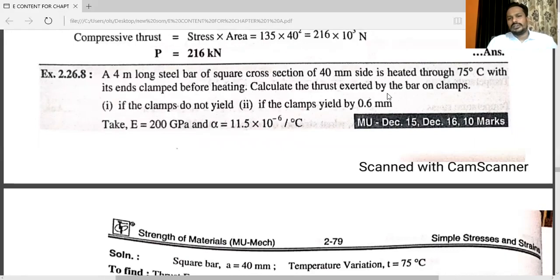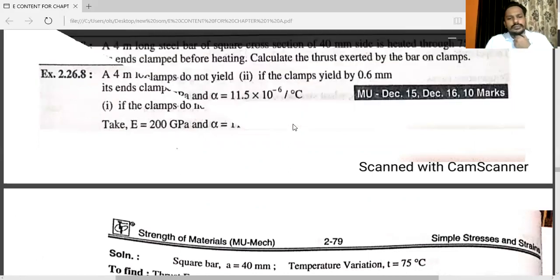Calculate thrust exerted by the bar on clamps. First, the clamps do not yield, and second, the clamps yield by 0.6 mm. Young's modulus is given, that is 200 GPa, and alpha is also given, that is 11.5 into 10 raised to minus 6 per degree Celsius.